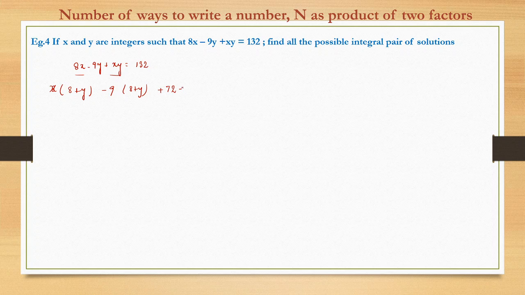So it becomes minus 60. Now this is 0. So this we can rearrange as x minus 9 into y plus 8 minus 60 is equal to 0.